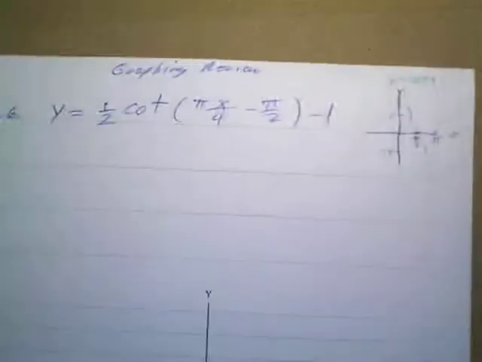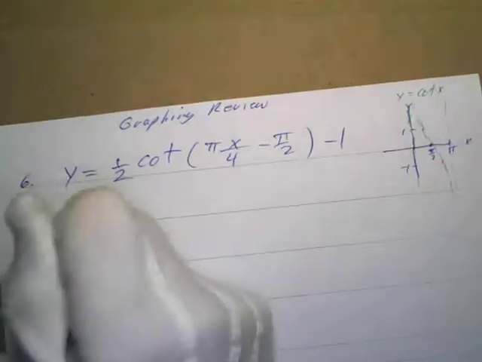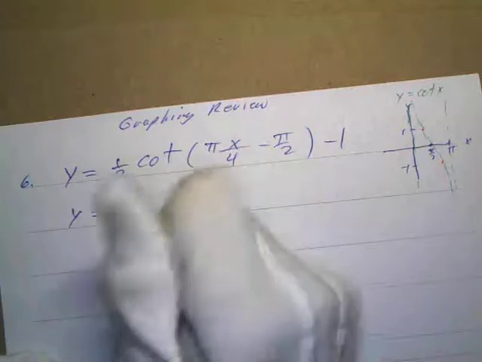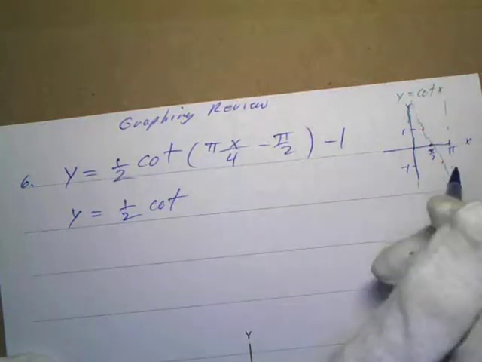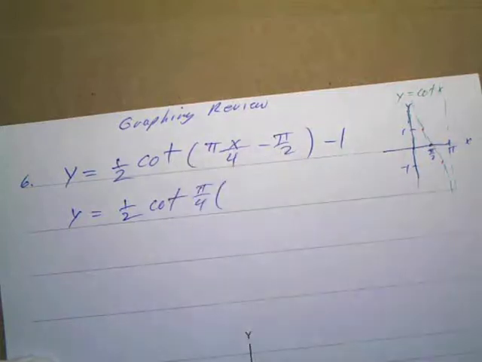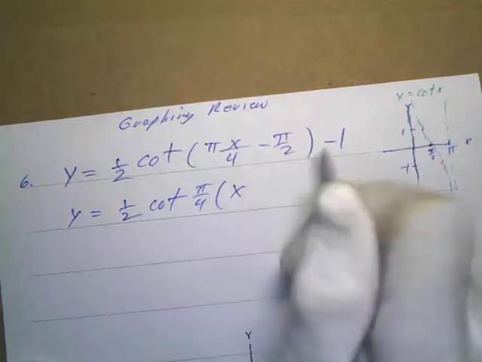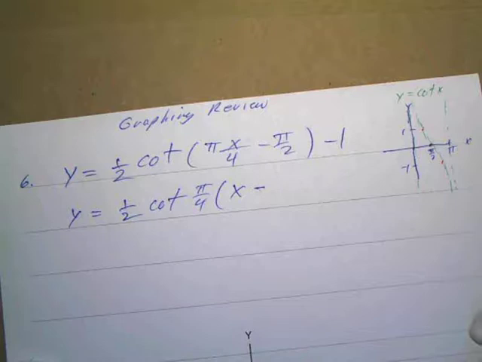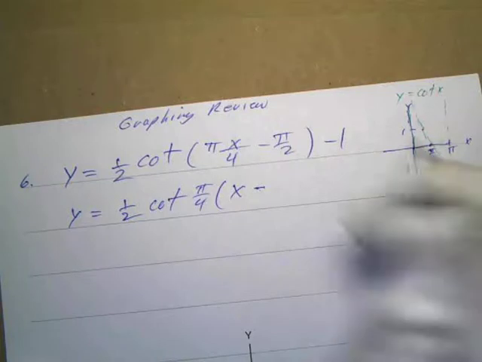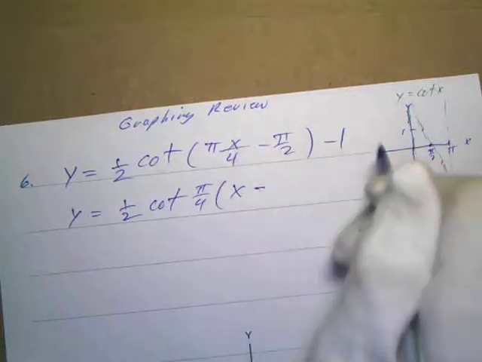Okay? So now we've got all this other stuff going on, so I'll take out a pi over 4. And what's left is x. I take out the pi, and I divide by 4.